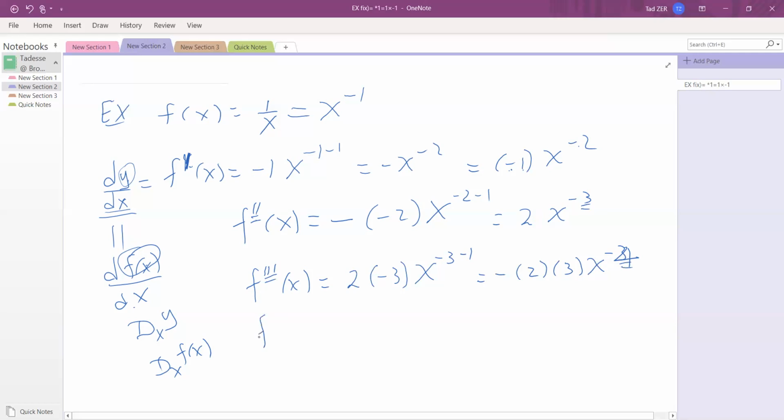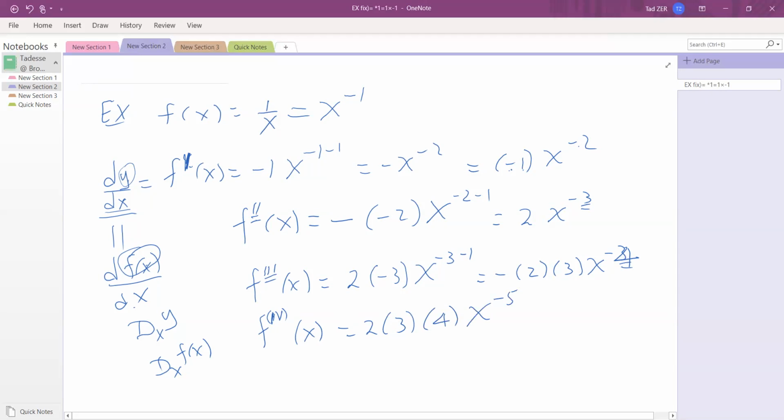Now let's see the fourth one. I'm using Roman numeral 4. I have -4 times minus, so the minus cancels out. So I only have 2 times 3 times 4 times x to the power of -5.